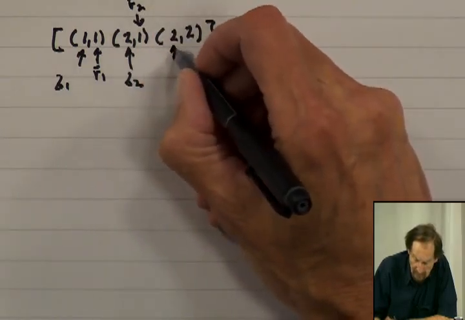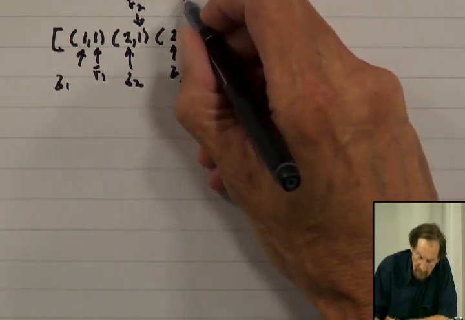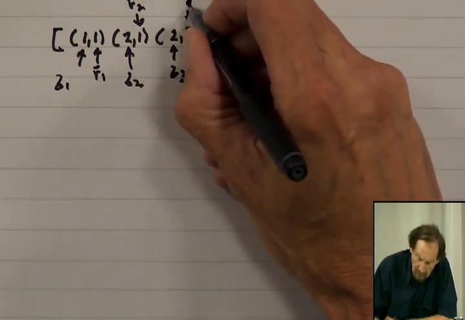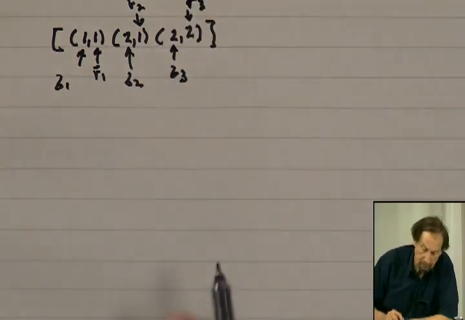This guy is sigma 3, and here we have r bar 3.